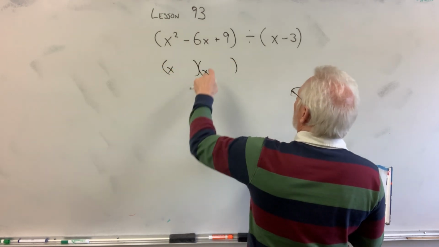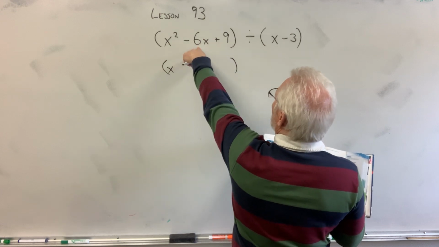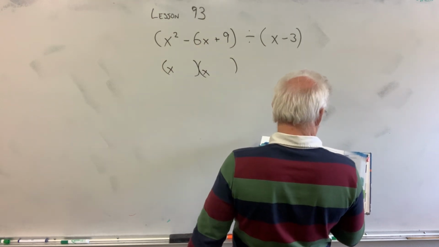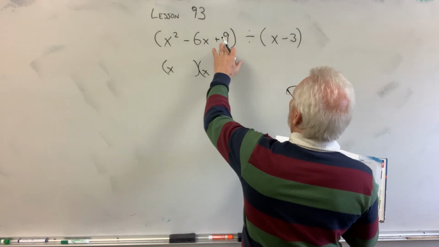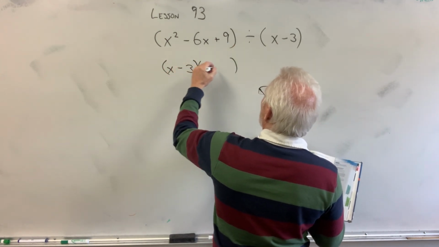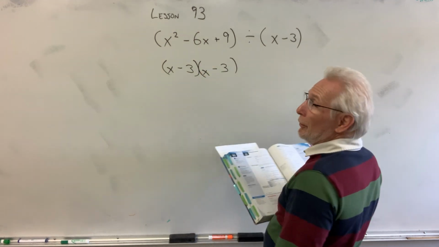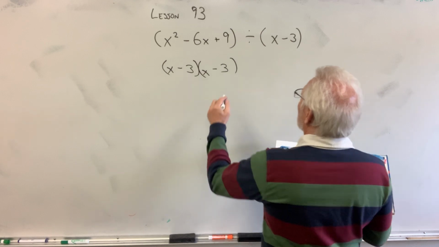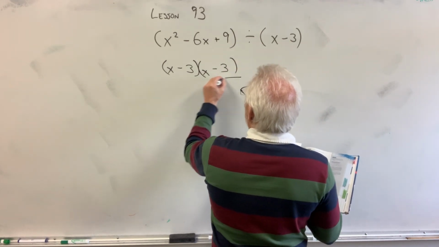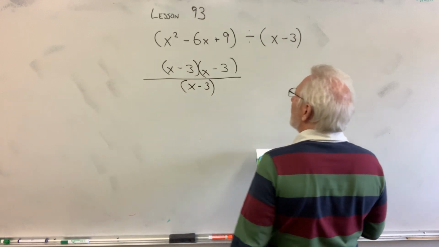What two numbers, when added together, will give me -6 and multiply are going to give me +9? That's going to be -3 and -3. You might notice something right away here. So now I'm going to divide that whole thing by x minus 3.